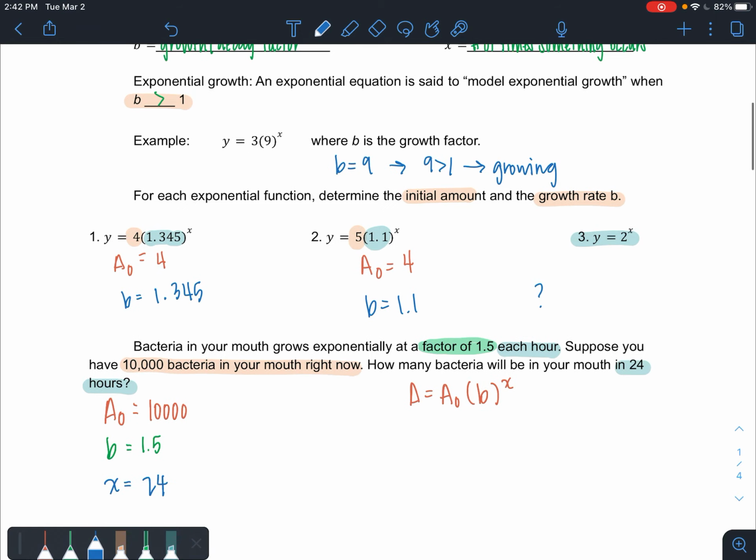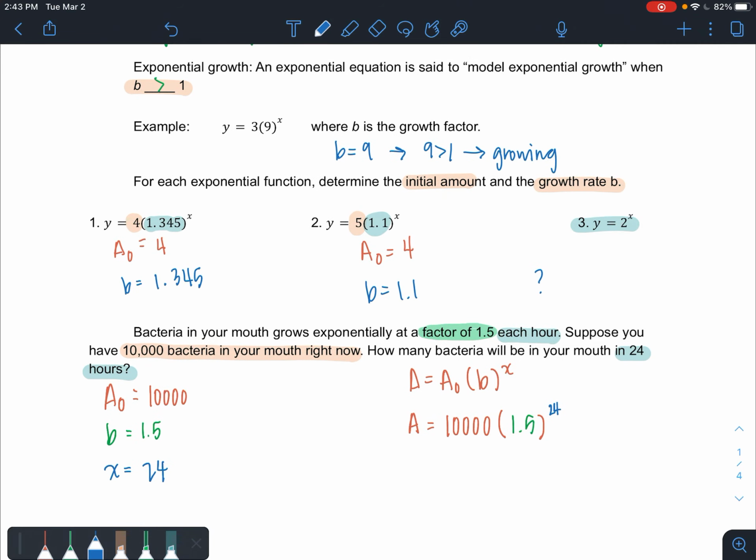So then it's just a plug and chug problem here. So I've got A equals 10,000 times 1.5 to the 24th. Okay, when I do this, I have to do this calculation first. Remember, by PEMDAS, exponents come first.